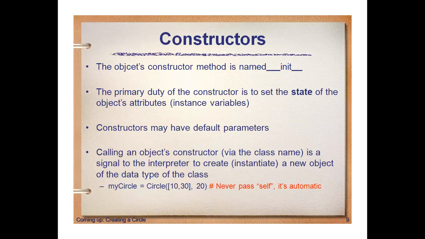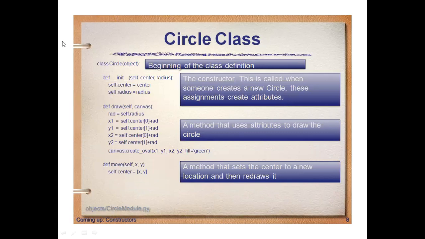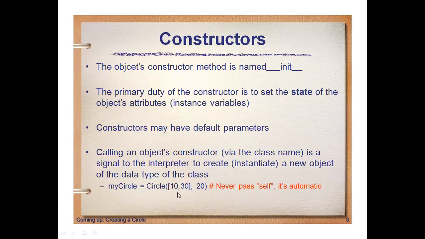But we need to keep one thing in mind. Whenever we design the constructor, we always pass one parameter known as self. But when we pass parameters to that constructor, we never pass the self keyword. It is automatic. If you don't put it here, then by default the interpreter will supply it, right? So this is the basic infrastructure of the constructor.